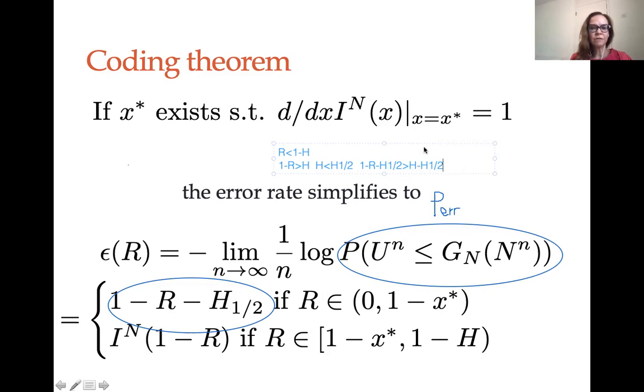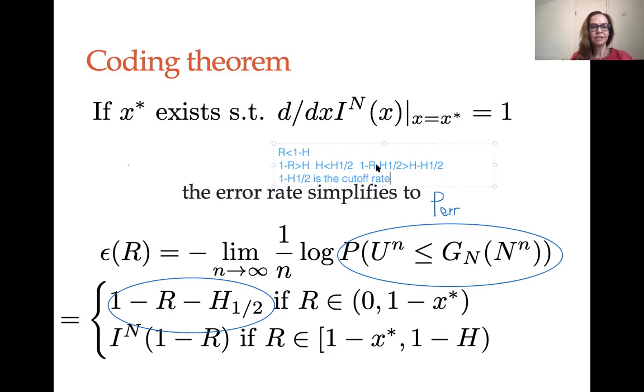Or recall that there's something interesting happening here on the cutoff rate, because 1 minus h1/2 is the cutoff rate. Okay, so there's something a little funny happening here between R and the cutoff rate.